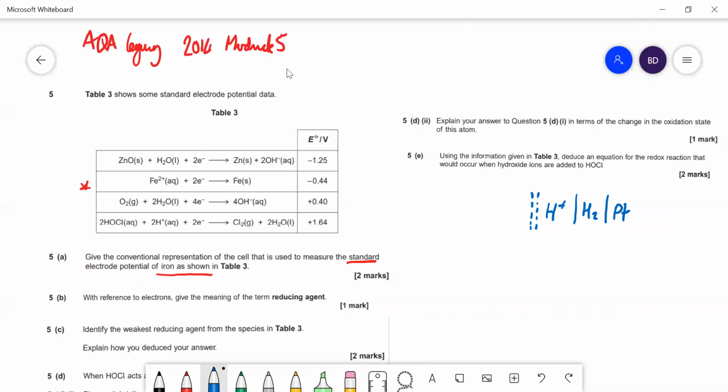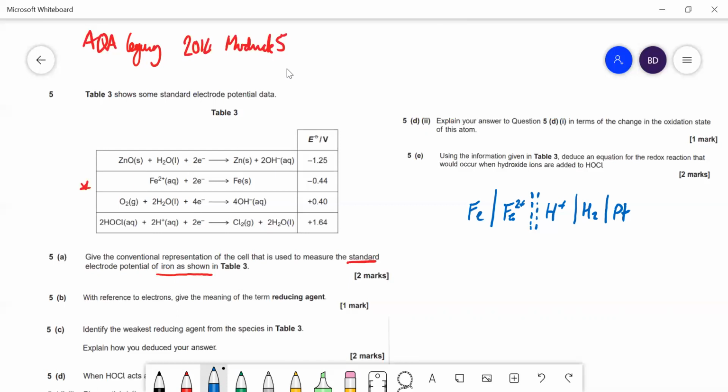Don't forget the equation for the standard hydrogen electrode is 2H+ + 2e- goes to H2, of course. So that's our oxidized, that's our reduced. Right, now we need the iron one, which is in there. So oxidized species next to the salt bridge, that's Fe2+, a phase change because that's an aqueous solution, then iron metal.